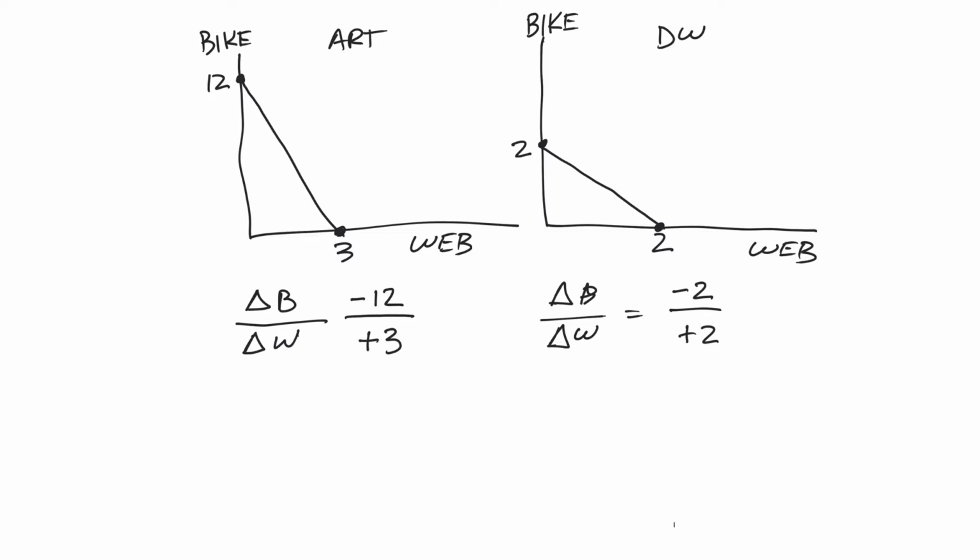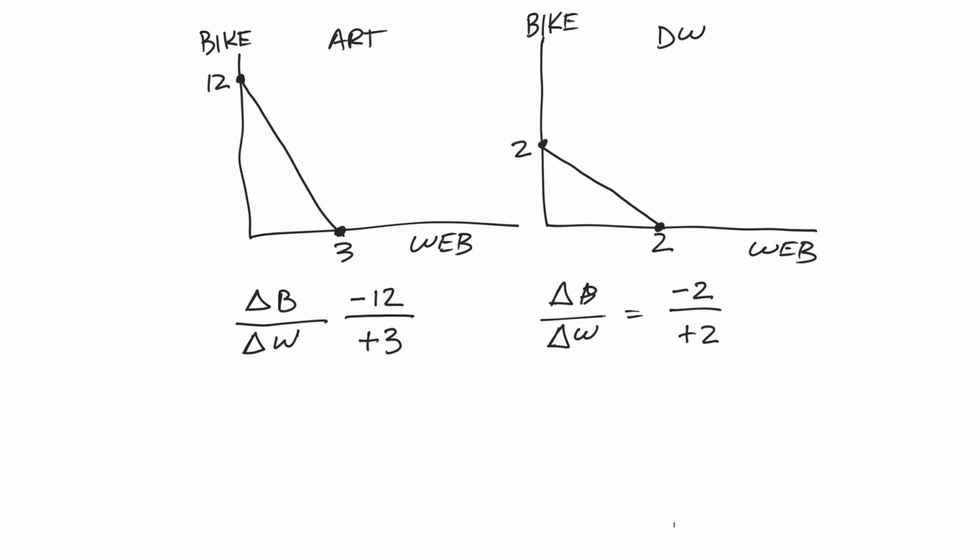Now here's the thing. It's a lot easier to compare. Right now, it doesn't really jump out at us who has the comparative advantage. We know that 3 web pages cost 12 bike repairs for Arthur, and 2 web pages cost 2 bike repairs for DW.